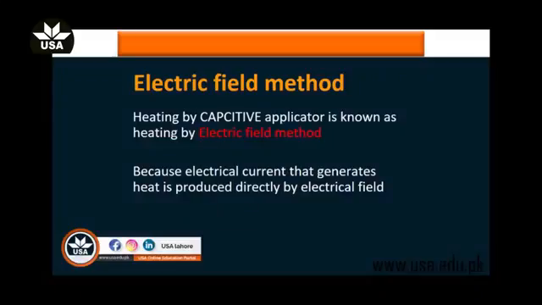Heating by the capacitive applicator is also known as heating by electrical field, because the electrical current that generates the heat is directly proportional to the electrical field. While in the inductive coil method, we said it is heating by magnetic field, because the magnetic field is responsible for inducing the eddy currents that produce the heat. There, the credit goes to the magnetic field.